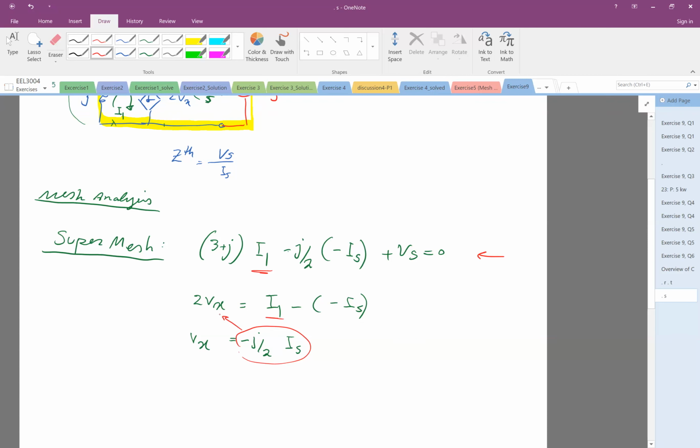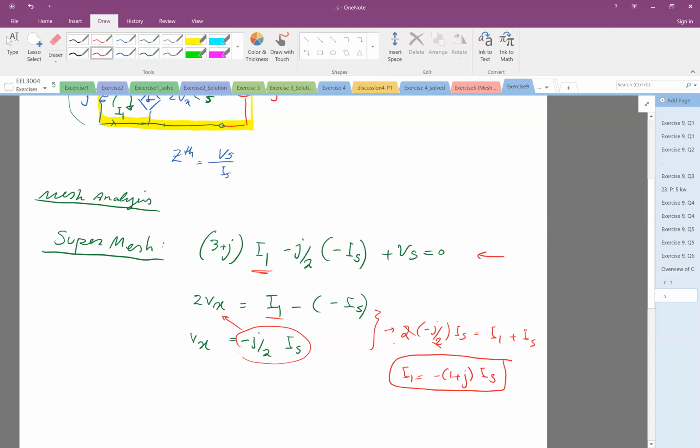So you get two times that. So putting this together, you get 2 times Vx, minus J over 2 Is, is equal to I1 plus Is. So basically I1 therefore would be minus Is minus JIs. So minus 1 plus J Is.